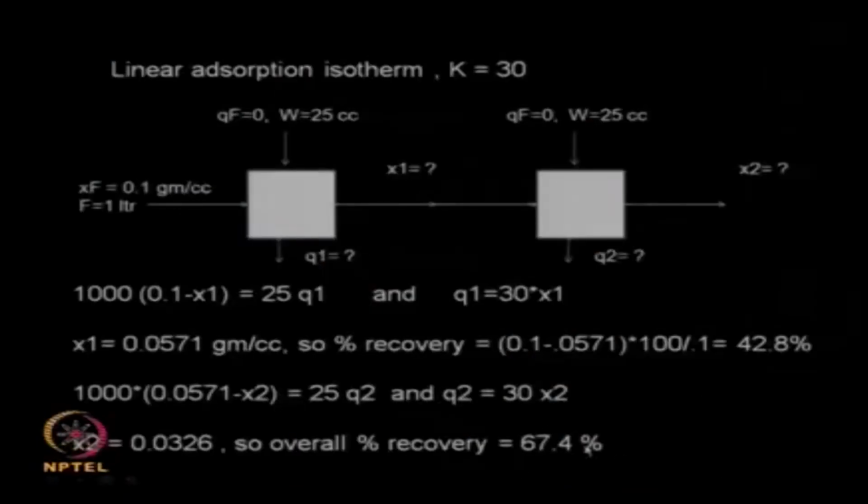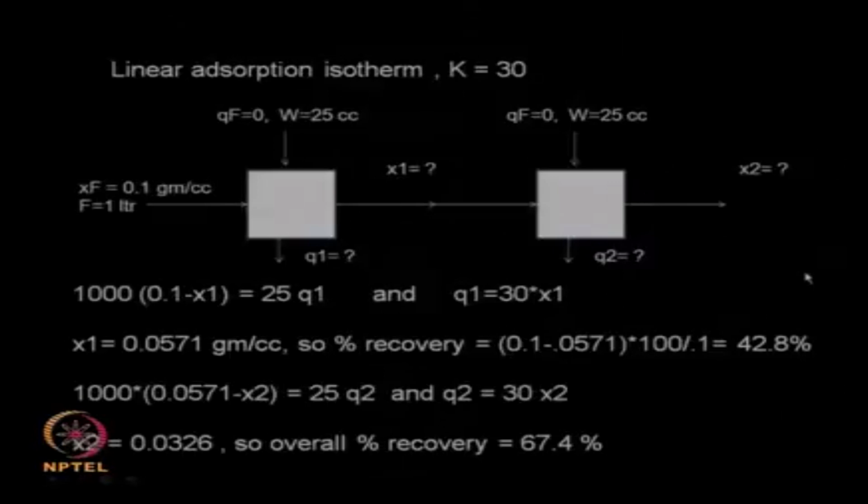You resort to this type of approach if the solute is extremely important for you and you want to recover all of it. So you get 67.4% efficiency by putting in the second stage. You can have a third stage, a fourth stage and so on.